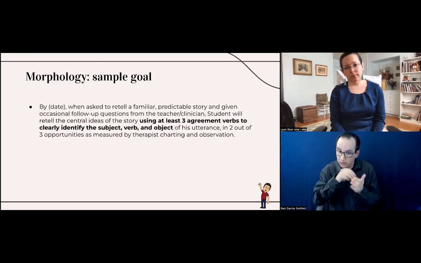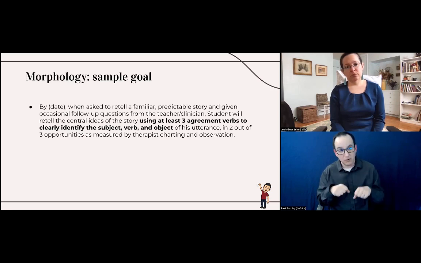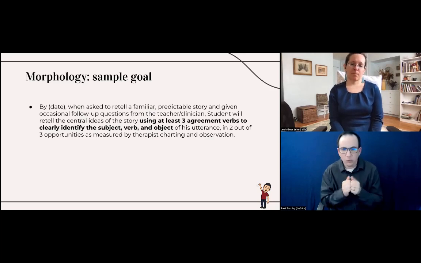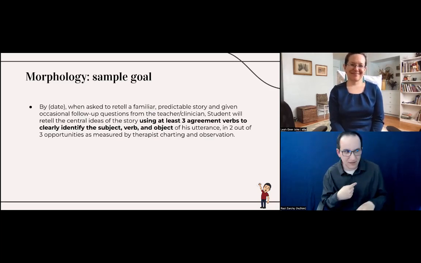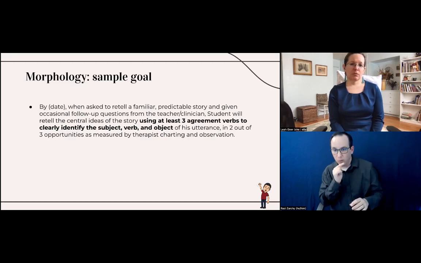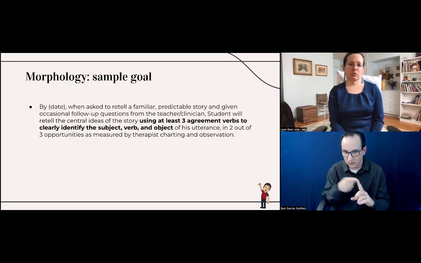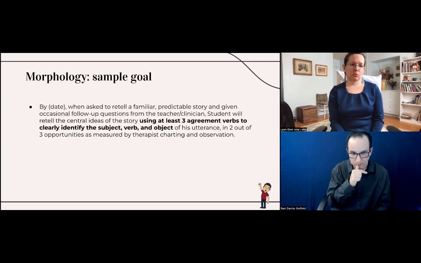So if a student wants to tell a story, you can write a goal for them to storytell with occasional questions from you. Maybe they'll use 3 agreement verbs to clarify and identify who the subject is, what the verb is, and who the object is.